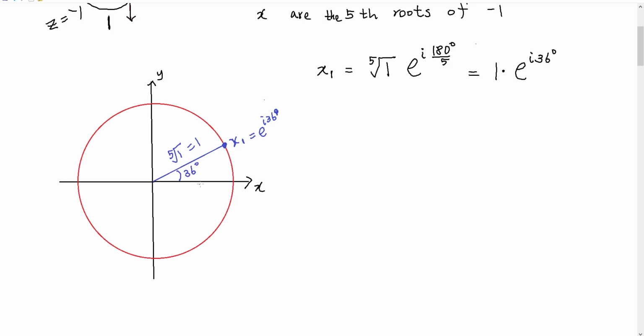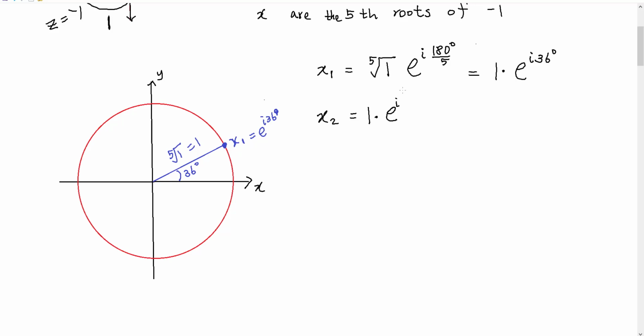Now, each complex fifth root is an equal angle measure apart, with 5 points on the circle. The radius, the fifth root of 1, is 1, so I don't have to do that again. But they are equal angles apart, so I do 360 divided by 5, which means they are 72 degrees apart.